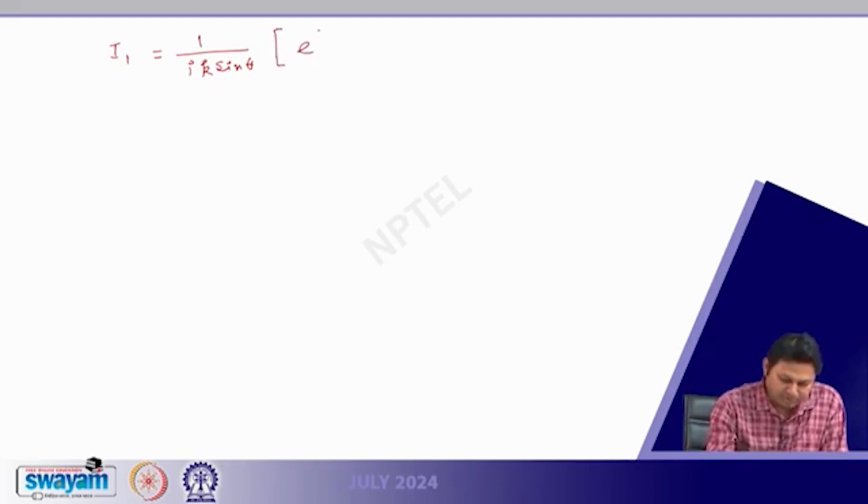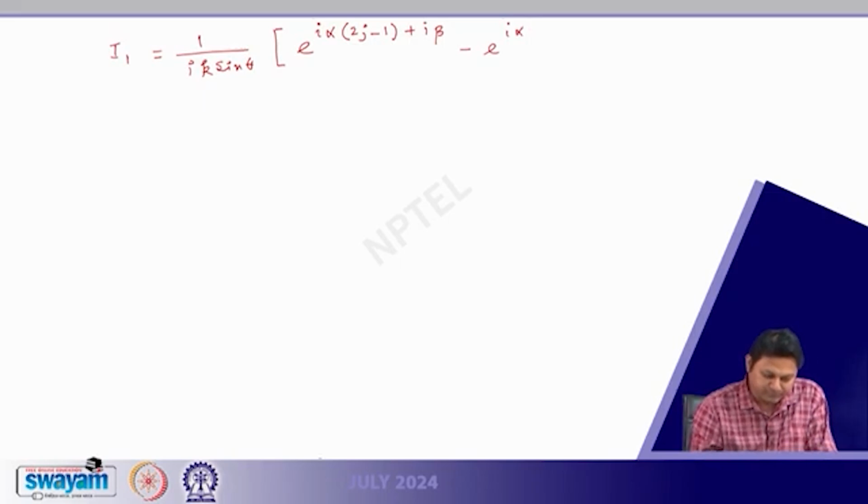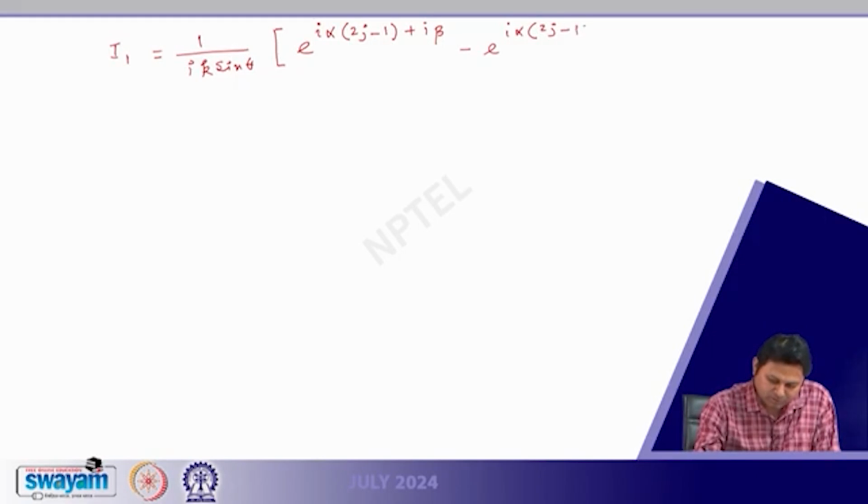It will be e to the power of I alpha (2j minus 1) plus I beta, that is the first term, and second term minus e to the power of I alpha (2j minus 1), and then it should be minus of I beta, that will be I1.